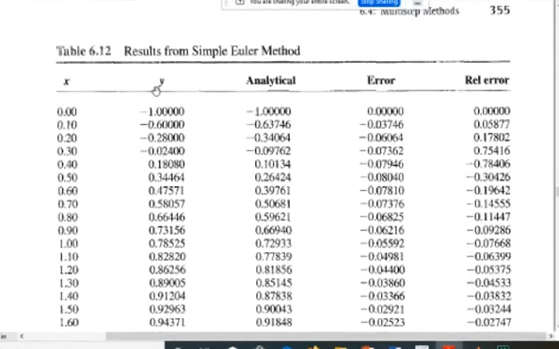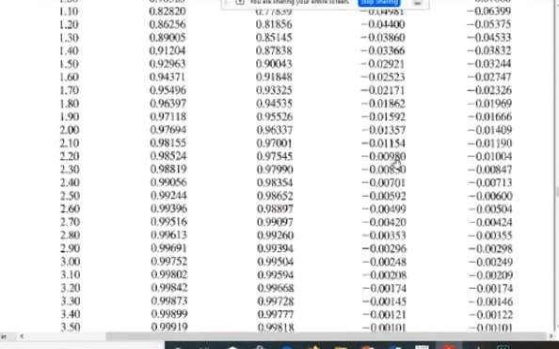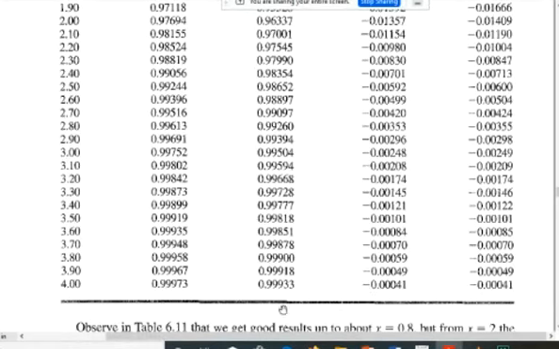For example, you can see the computed value of y and the analytical or exact value, and the amount of error here. At last, we have very small errors, and you can see a type of stable method, despite some argument about the inefficiency of these methods, but it gives us a stable method.